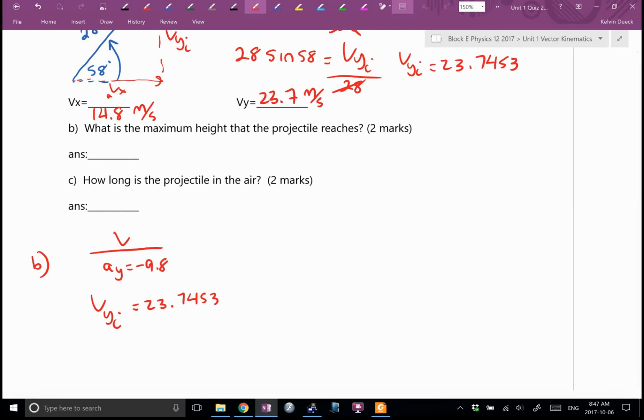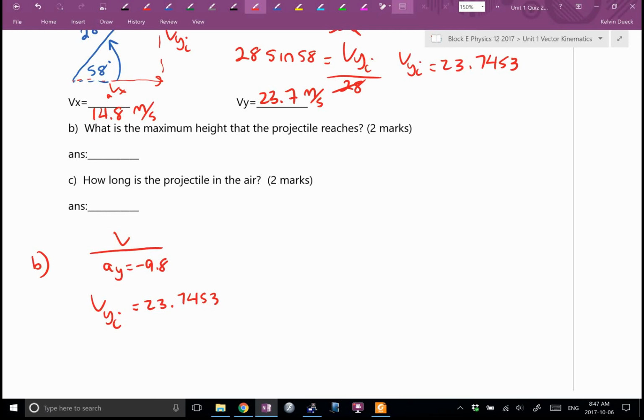Down. Now, you can't do that from the ground, so it'd have to be from a cliff. I think there is one like that in the ultimate review, where instead of launching from the cliff upwards at an angle, it launches from a cliff downwards at an angle. Make sure you let Vy initial be negative. Otherwise, you'll get wonky answers.